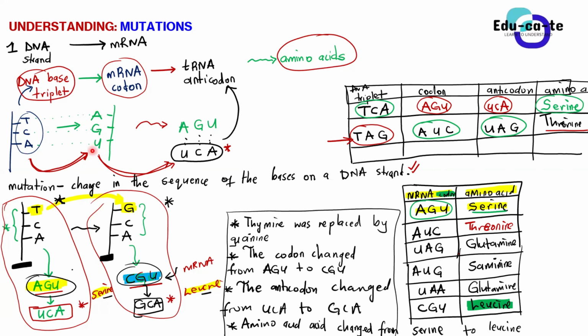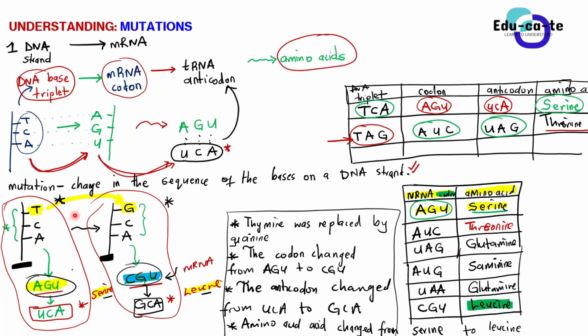So this mRNA codon will look for an anticodon. This AGU mRNA codon looks for an anticodon on a tRNA molecule that is carrying a specific amino acid. When a mutation happens, it simply means there's a change in the sequence of the bases.